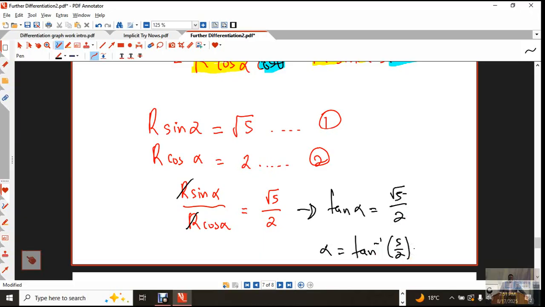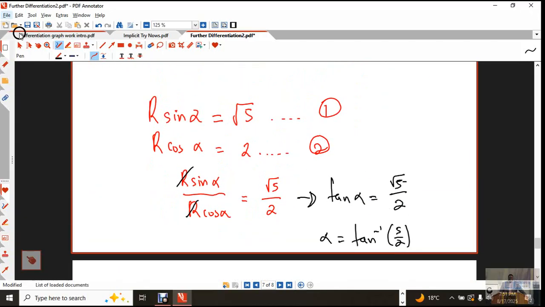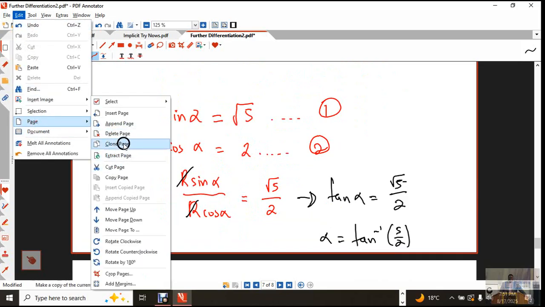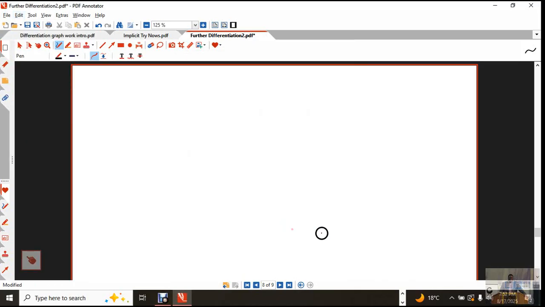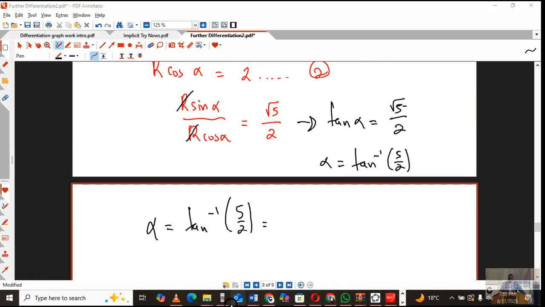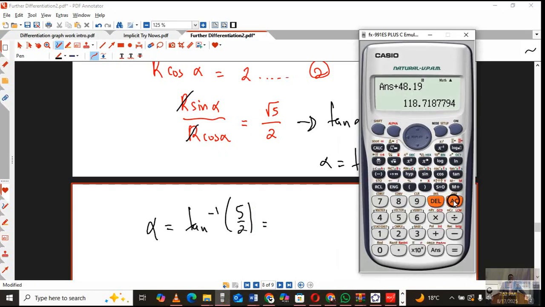Now, it's important. They are saying that maybe I must just append the page here. So let's just append the page, I hadn't thought that I was going to write so much. So what is it that we now know? We now know that alpha is going to be, using our calculator, finding the inverse of tangent.